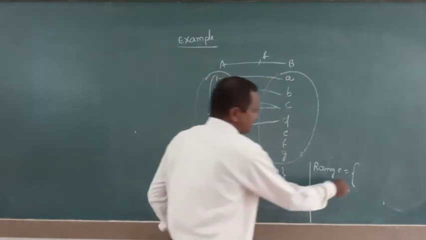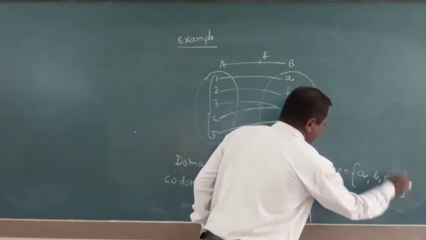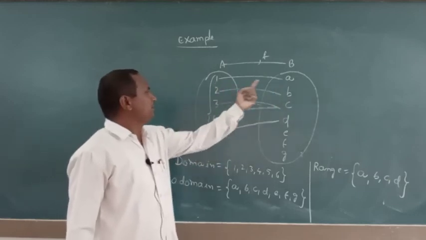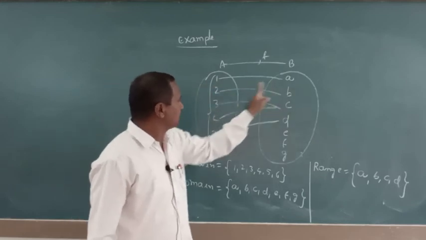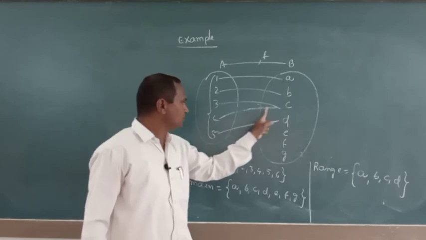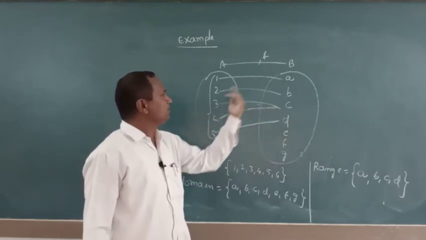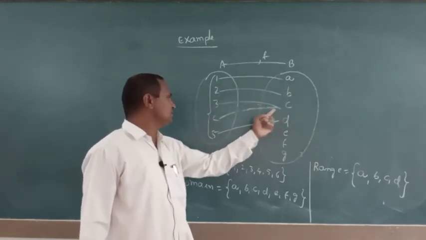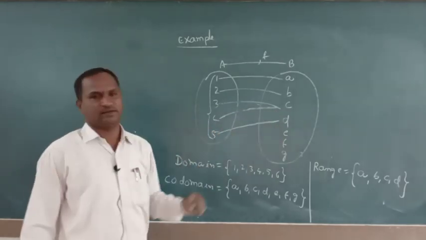These are the images. Image of 1 is a, image of 2 is b, image of 3 is c, image of 4 is c, image of 5 is d. If we move reversely, the pre-image of a is 1, of b is 2, of c is 3 and 4, of d is 5.